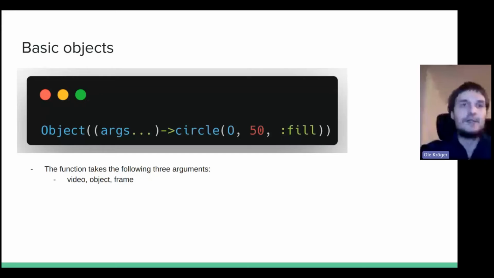There are a couple of things that we store there, like how many actions are attached to that object, and the frame number. But honestly, most of the time, you don't need that. So you can just say, okay, this is an anonymous function. It takes an endless amount of arguments, and then we draw the circle.